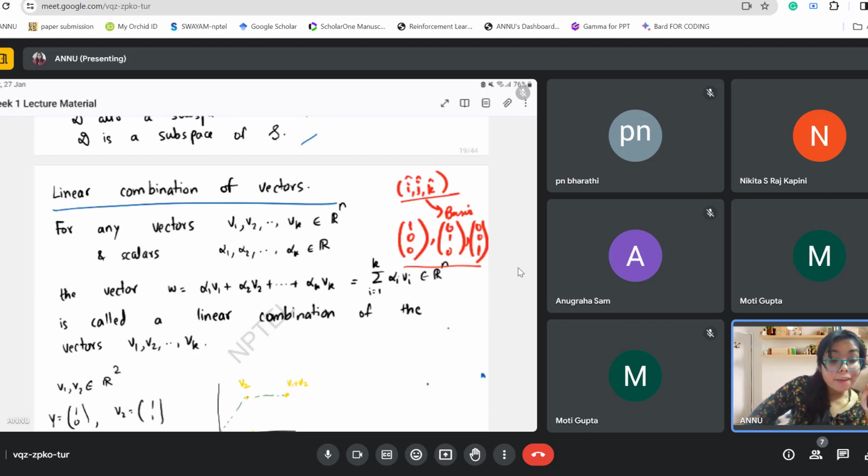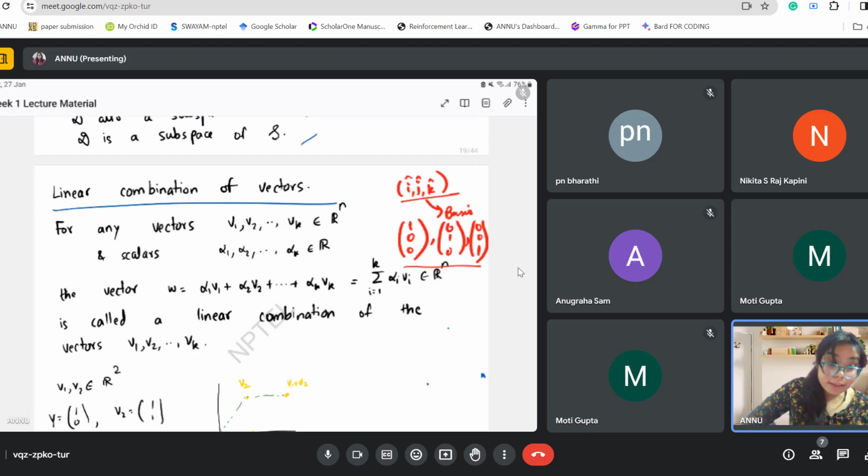This alpha v1 plus beta v2 is a linear span of the two vectors v1 and v2. Then again we have to check whether these two vectors are linearly independent or not. In order to know whether these vectors form a basis for any coordinate system, we have to check whether they are linearly independent or not.